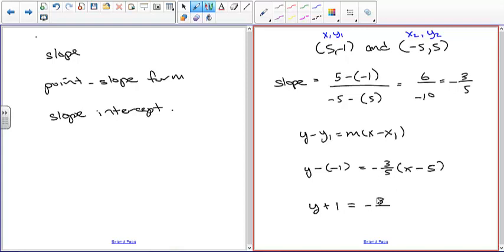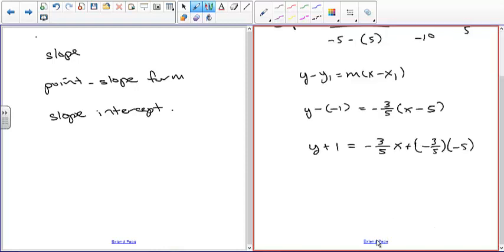So you get negative 3/5 x, and negative 3/5 times negative 5. You don't have to write this out if you can do it in your head. You can see the 5's cancel out, the negatives cancel out, you get plus 3.